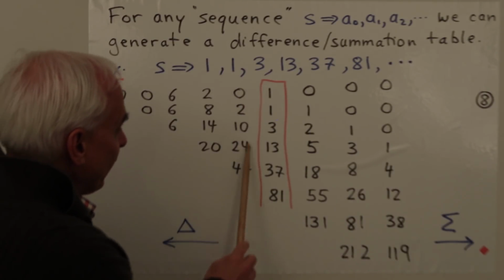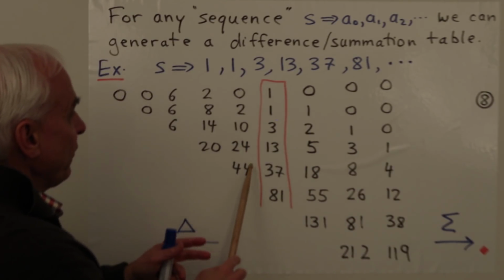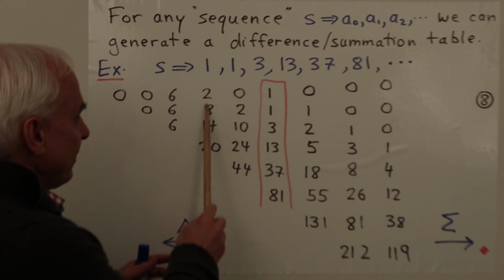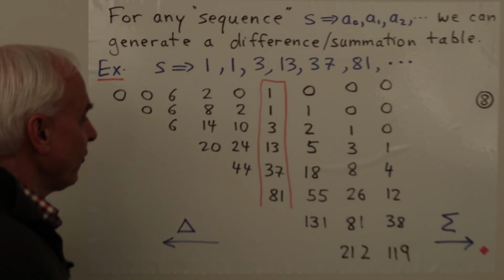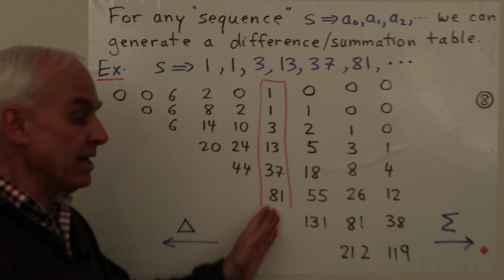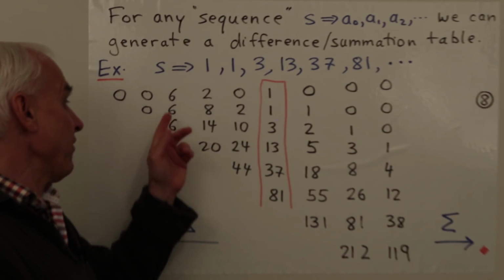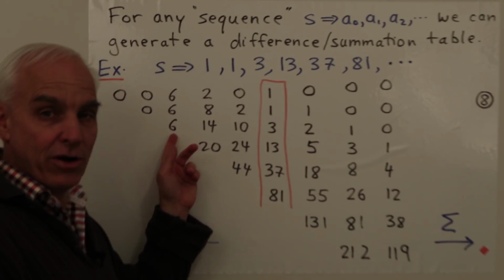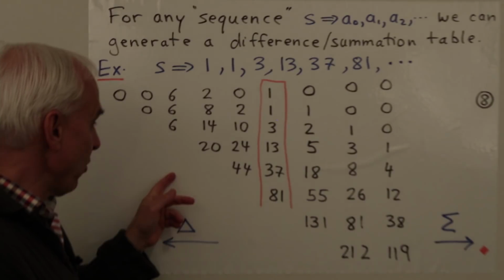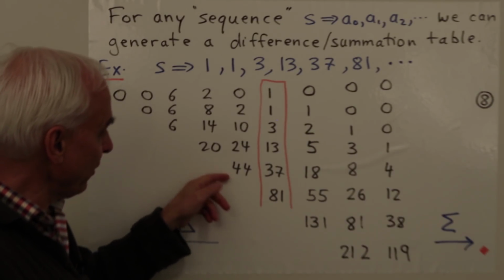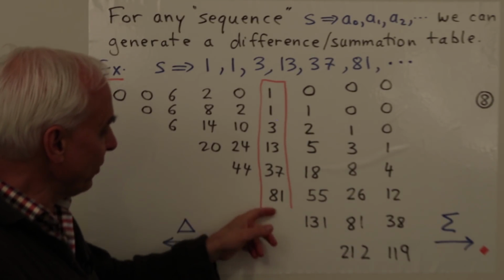Take the differences of this sequence, we get this one here. Take the differences of that, we get this one, and then zeros and zeros. If we were interested in extending this sequence, we'd have a pretty good idea already at this stage how to carry it on. We could just make more 6's here, and then transfer those over until we extended here.